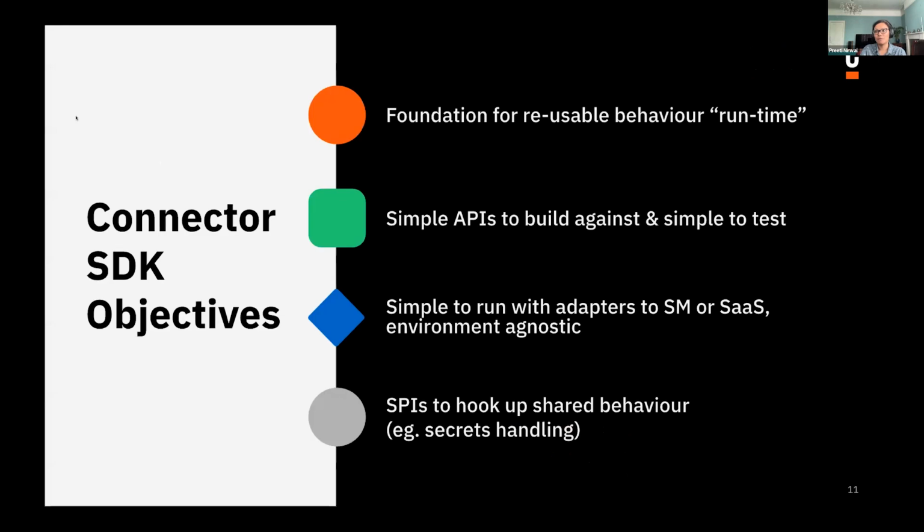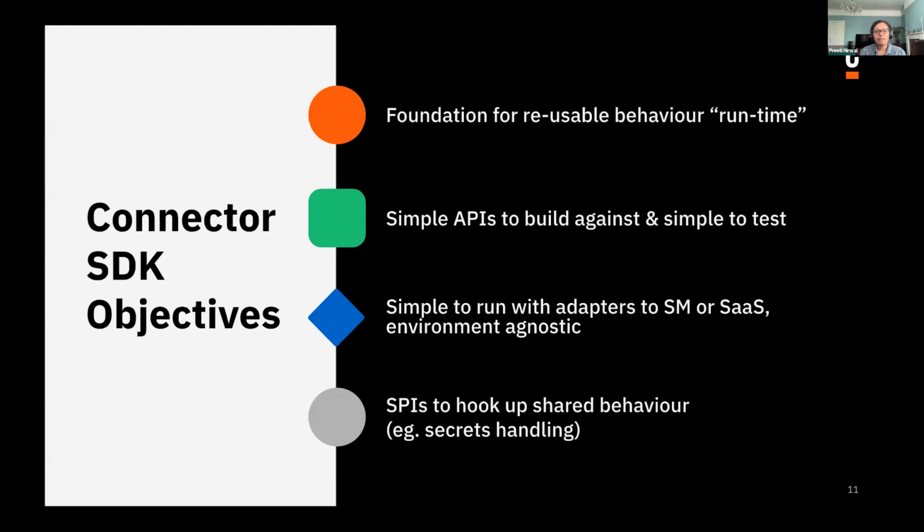We want them to focus on coding the domain-specific business logic for your connector, and not spend a lot of their time on internal Camunda specifics, such as properties, and worry about the engine. So let's look at what are some of the objectives for the SDK.